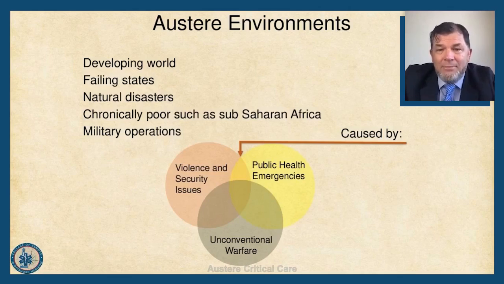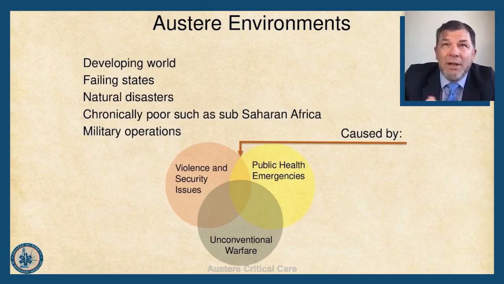Syria has had a pretty good healthcare system in the past, and now it doesn't, just because of the conflict going on at the moment. Natural disasters due to earthquakes or tsunamis or any type of unforeseen event could turn a Western level, evidence-based ICU into an austere ICU quite quickly, just because of a natural disaster.